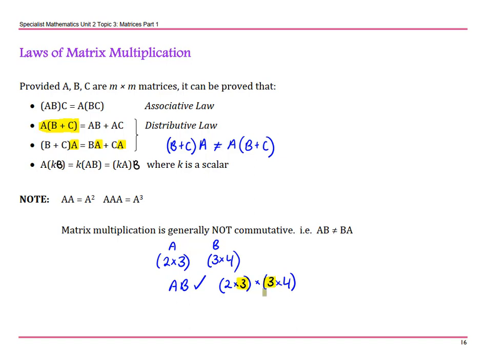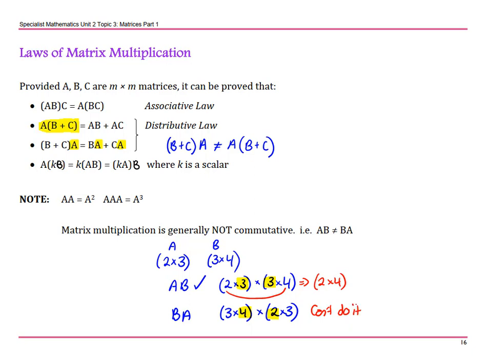The number of columns of A equals the number of rows of B, and we'll end up with a 2 by 4. If I did it the opposite way, B times A, it'd be a 3 by 4 times a 2 by 3. Our middle numbers aren't the same, so you can't do this.